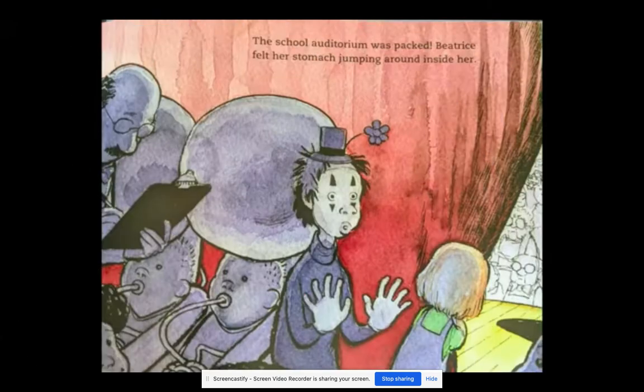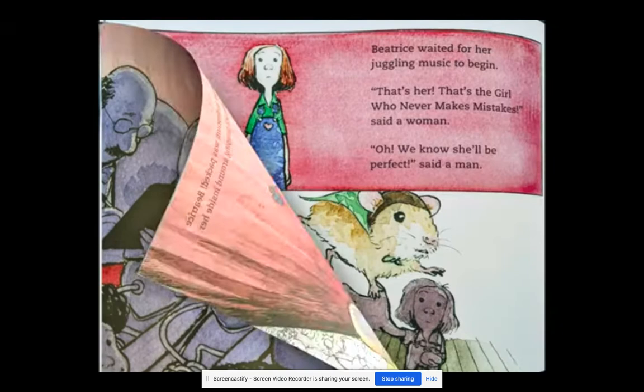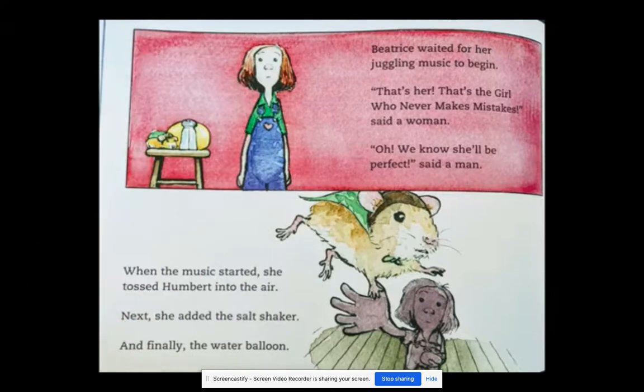The school auditorium was packed. Beatrice felt her stomach jumping around inside her. Beatrice waited for her juggling music to begin. That's her! That's the girl who never makes mistakes, said a woman. Oh, wow, we know she'll be perfect, said a man. When the music started, she tossed Humbert into the air.